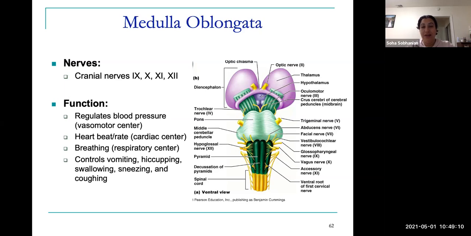And the third function that I really want you to know is control of involuntary reflexes, such as hiccuping, coughing, swallowing, and sneezing. Oh, and also throwing up, so vomiting.